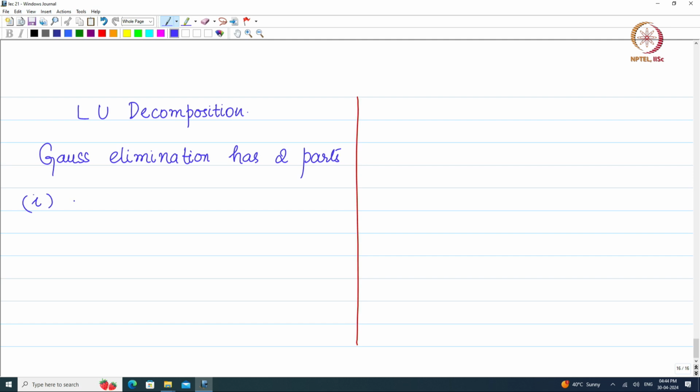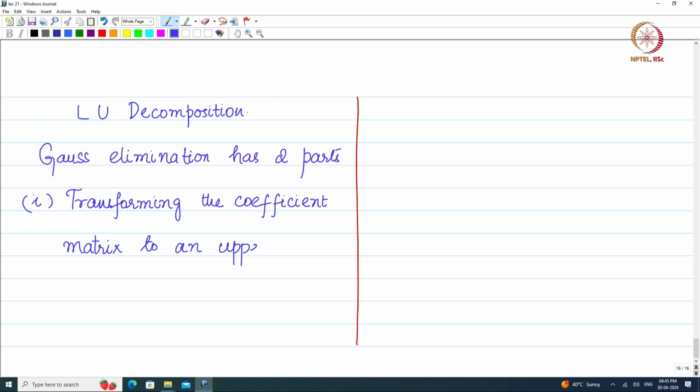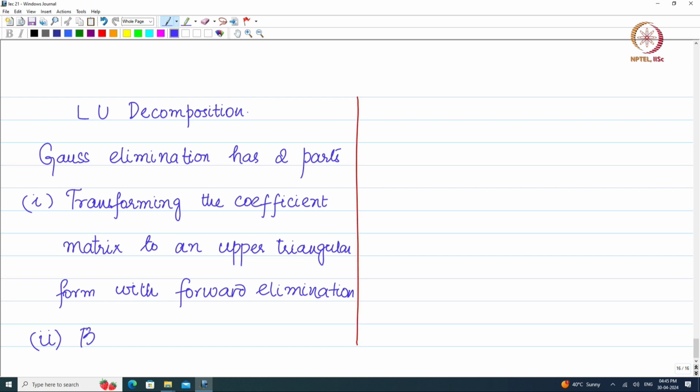The first part is transforming the system matrix, the coefficient matrix A, to an upper triangular form with forward elimination, and then to find the solution we did back substitution.